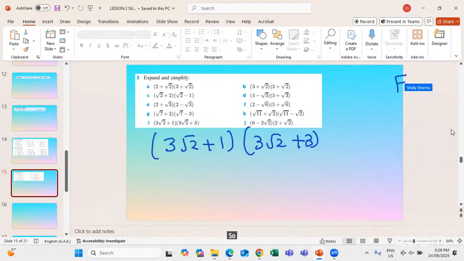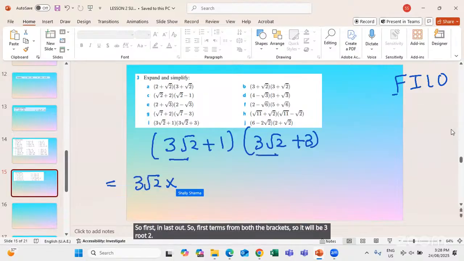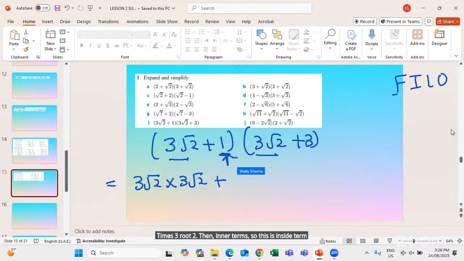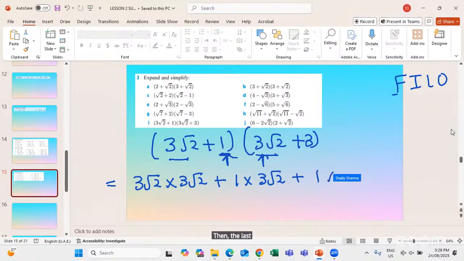So first in, last out. First terms from both the brackets, so it will be 3 root 2 times 3 root 2. Then inner terms: this is the inside term and this is the inside term, so 1 times 3 root 2. Then the last terms, that is 1 into 3.